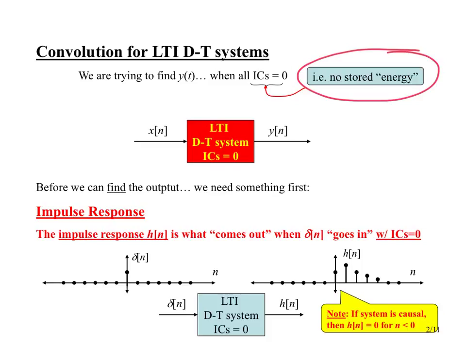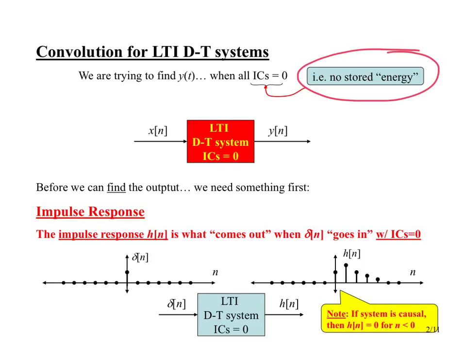In a discrete time system, it just basically means all the memory locations, all the unit delays that are inside the system are set to store zeros initially. We'll see more about that later, but let's not get into too much detail about that. But we have all of our initial conditions set to 0.